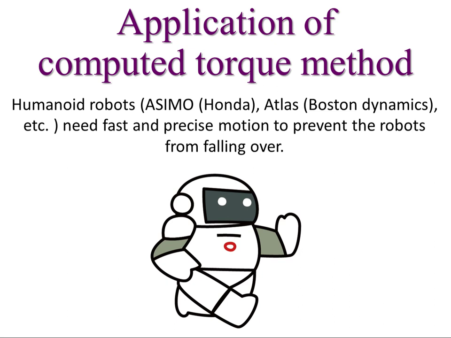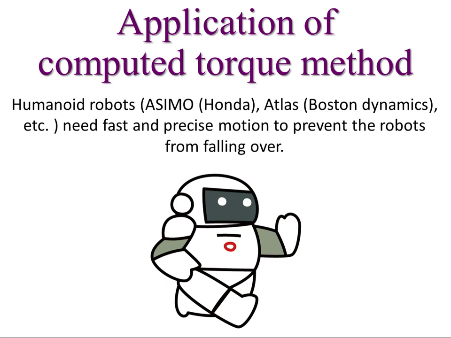The humanoid robot needs to control its feet to the desired position fast and accurately to avoid falling over. The computed torque method is considered to be used to achieve high control performance of humanoid robots, which have achieved high motion performance such as jumping and running in recent years.